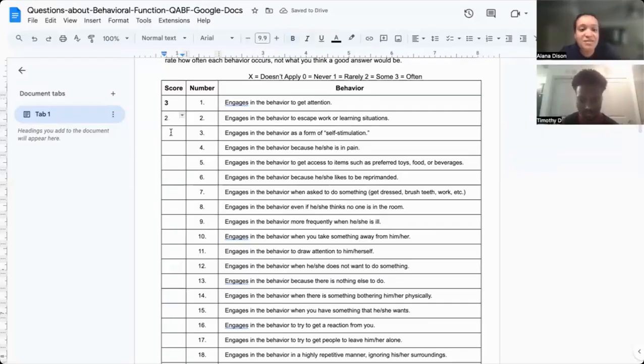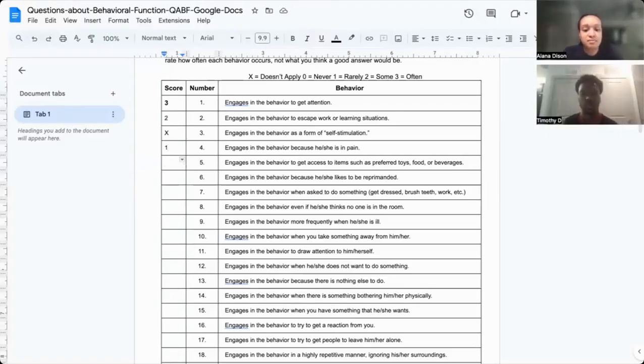Engages in the behavior as a form of self-stimulation. We'll say X. Engages in the behavior because he or she is in pain. 1. Engages in the behavior to get access to items such as preferred toys, food, or beverages.